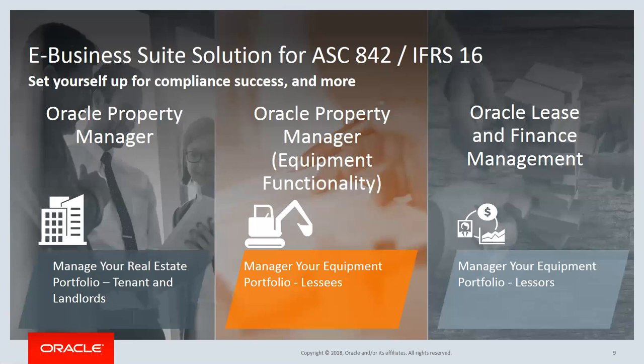The financial licensing will give you a license to use the new module that is being built. Oracle Property Manager, the two phases of the solution have already been released, both on 12.13 as well as 12.2. Equipment functionality is going to be released sometime middle of July 2018, and for the 12.13, the solution is going to come out sometime in September 2018.